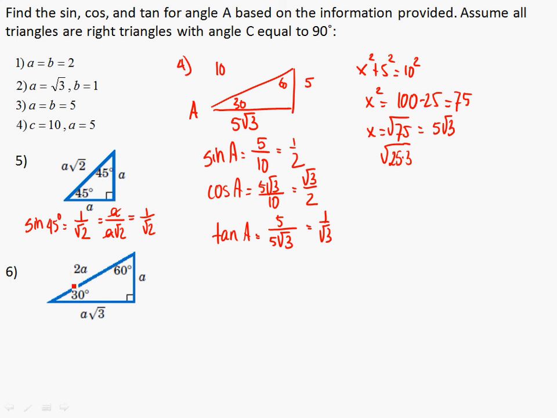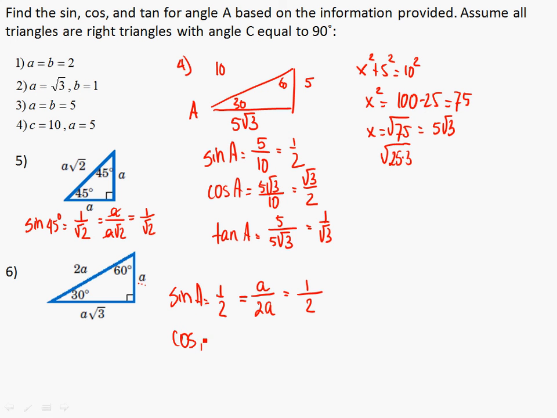And the same thing works over here in 6. It's a 30, 60, 90. Well, I just did that, didn't I? So the sine of A better still be a half. If you don't quite see that, just use your definition and say it's opposite, which is A, divided by hypotenuse, which is 2A. But you've got to simplify, and A divided by A is 1, and so you end up still with a half.